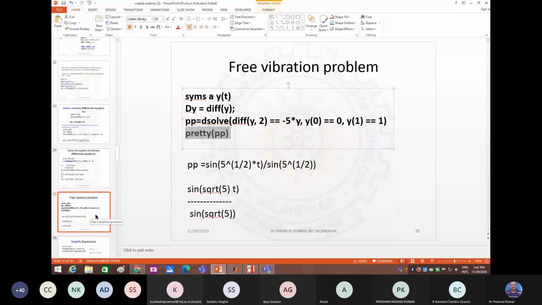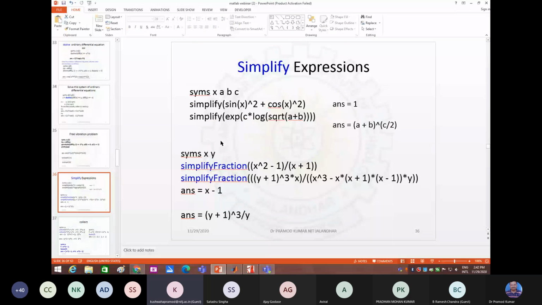Now, this is another very interesting formula. We can say that syntax: simplify. Any complex equation we can simplify. We have seen sine square x plus cos square x is equal to 1.